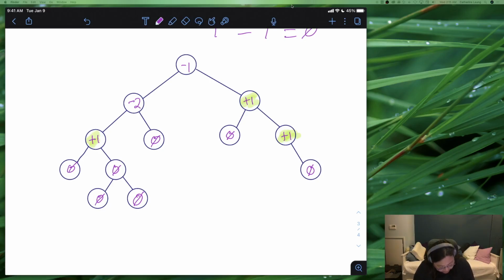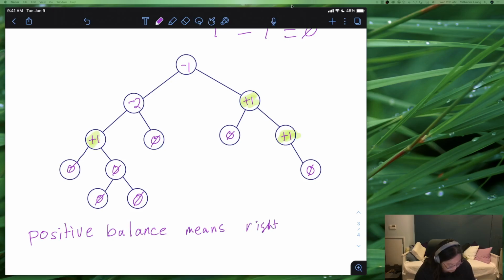So a positive balance means the right subtree is taller. Okay, how much taller? Well, that's where the number comes in. So +1 means that the right subtree is taller by one node compared to the left subtree.